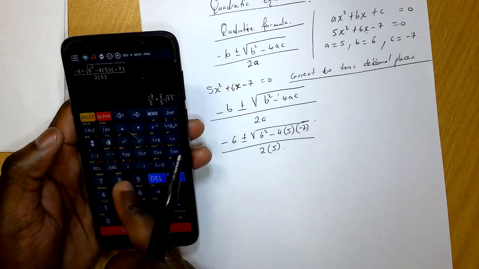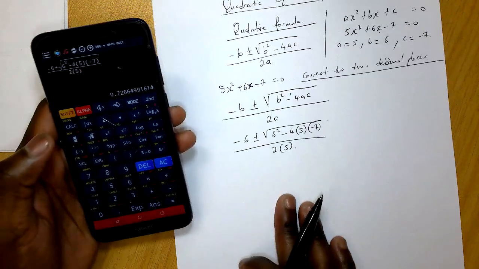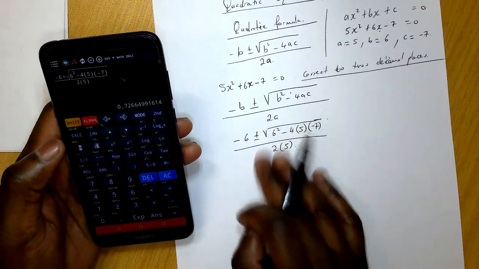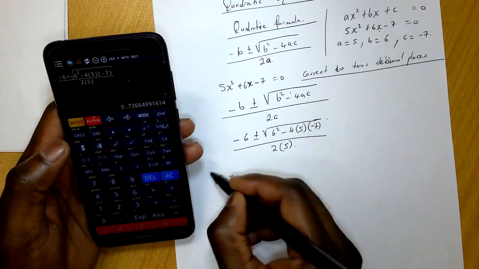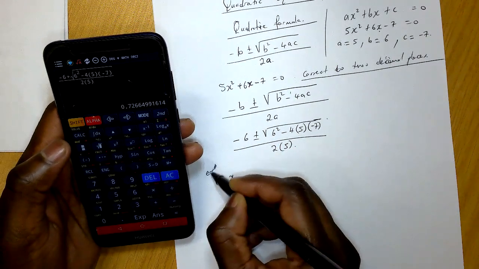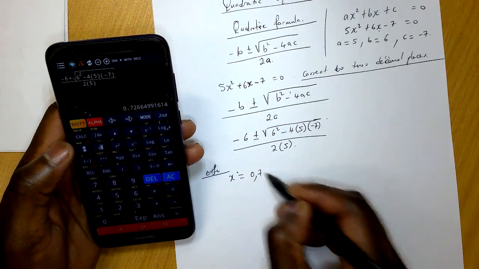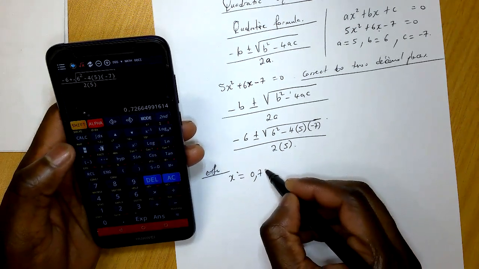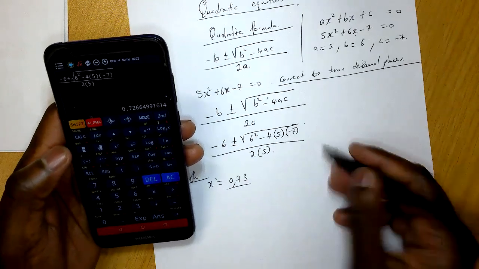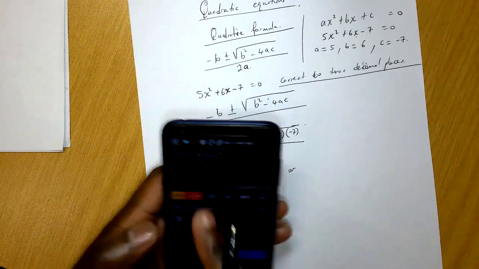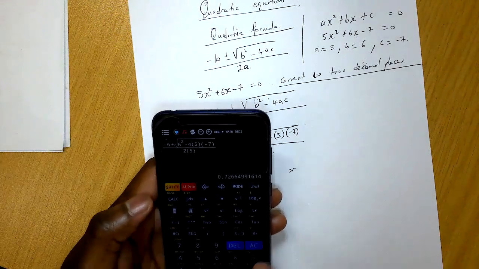What do we get there? If we have plus, the value of x in this case is going to give us x equals 0.73. Or, now you put negative here, because remember it's plus or minus.